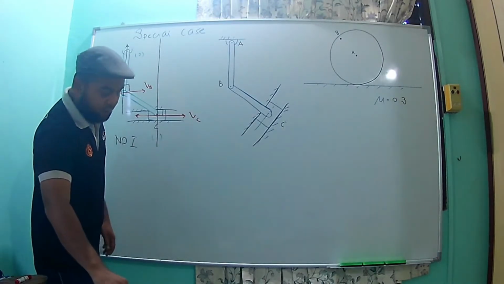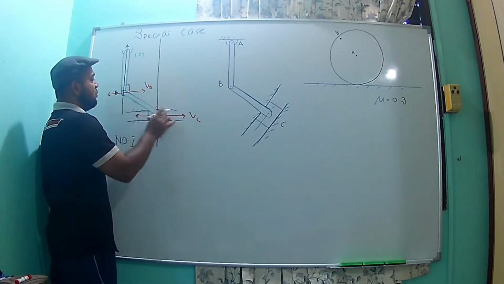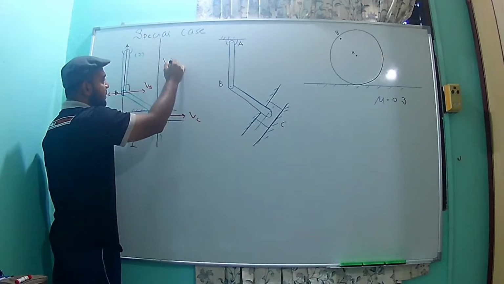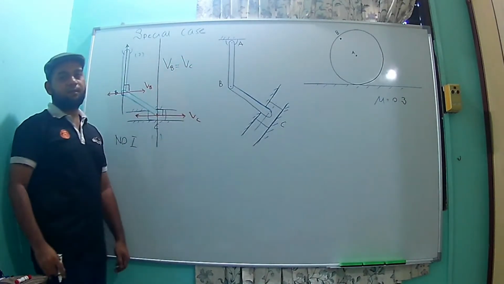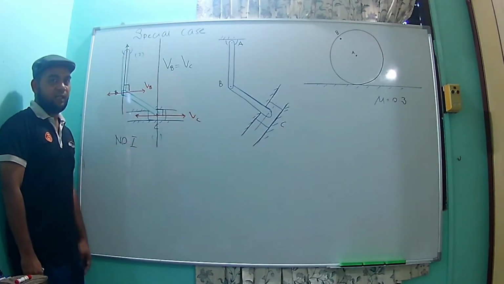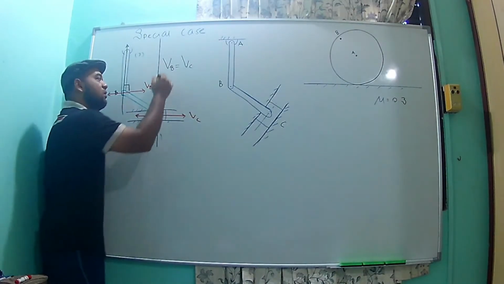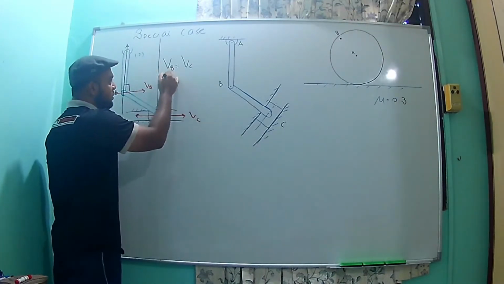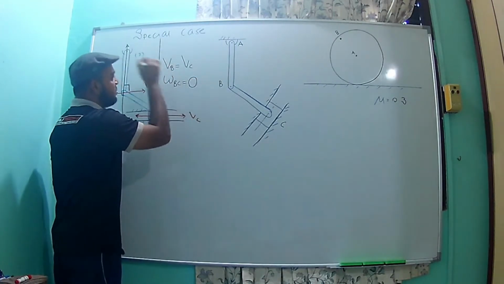If we have this case, where there is no I, then these two points have VB equal to VC in terms of magnitude and also direction. And what about the omega of BC? Do we have an omega? In this case it will just translate, so omega BC equals 0.